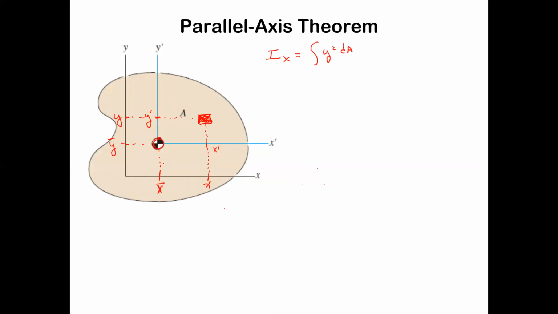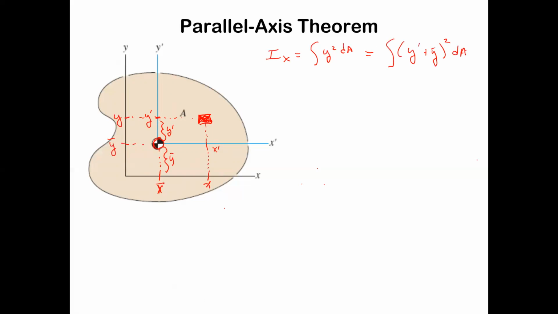And by observing this, you can see, well, what is y? If you're doing this y squared dA to find the moment of inertia about the x-axis, what is y? You can think of y as y prime, which is this distance here, and y bar, which is this distance here. You add those two together, and you'll basically just get y, right? So that integral can be rewritten as the integral of (y prime plus y bar) squared dA.